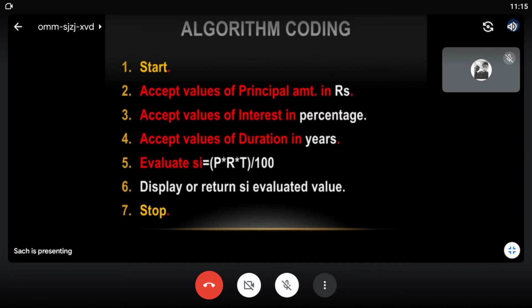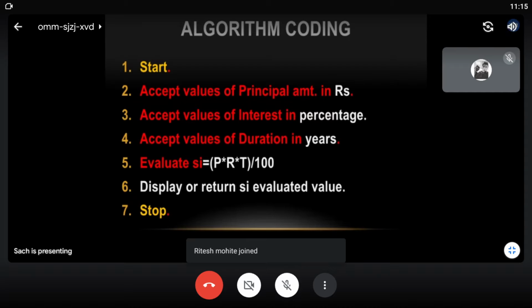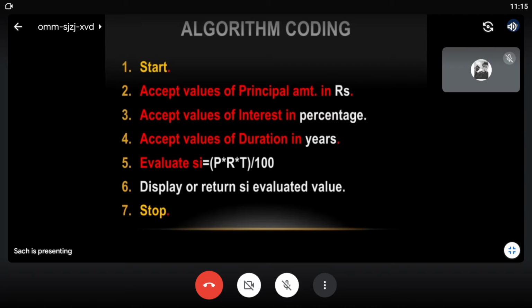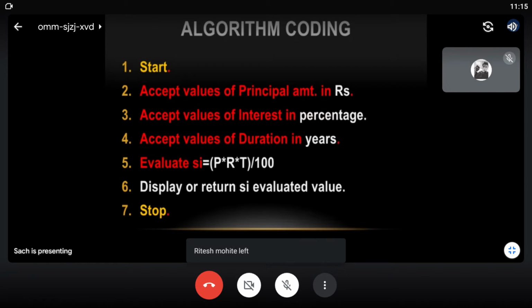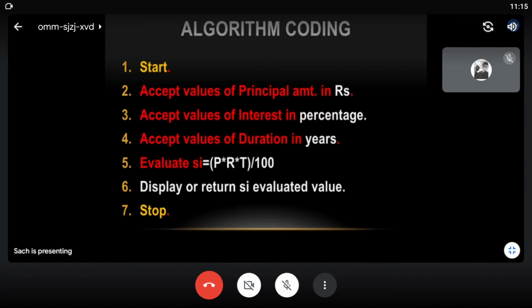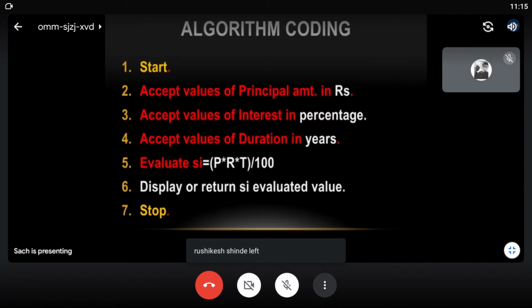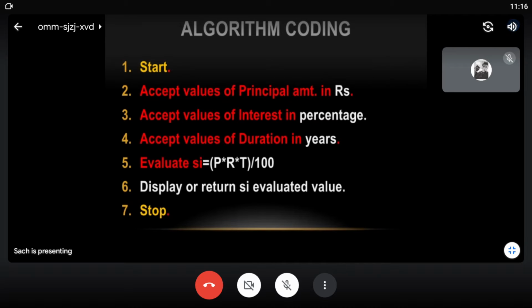Now taking the same example of algorithmic coding, you just revise and observe the inputs properly. So over here we have the start statement as the first statement and stop as the last statement. Now the second statement, we are accepting inputs. The first is value for principal, and at the last point you can see the value unit is RS, rupees.